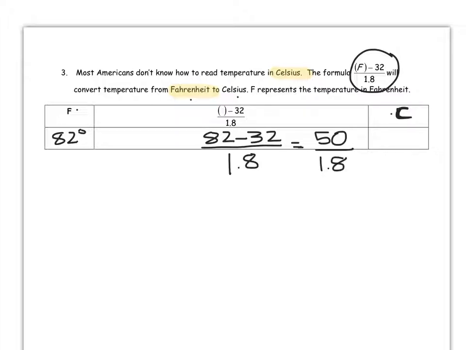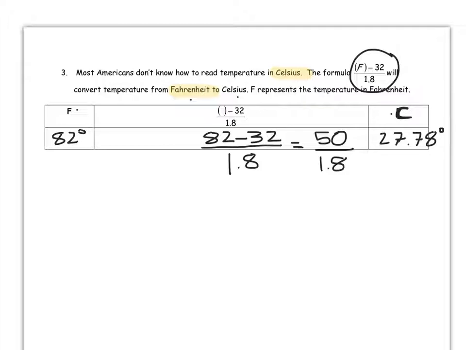Now, I'm going to pull up my calculator on my phone over here, so I'm off the video. I'm doing 50 divided by 1.8. And I get this number, 27.7, I'm going to round to 27.8 degrees.